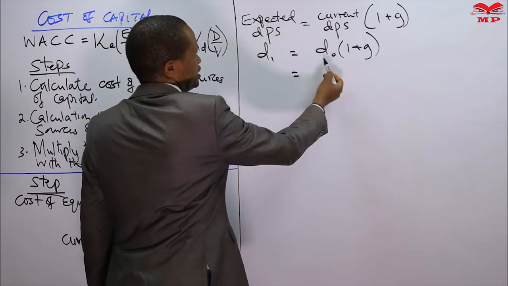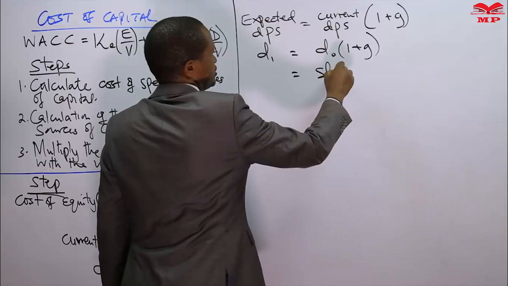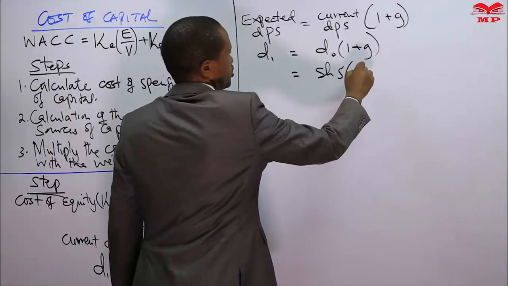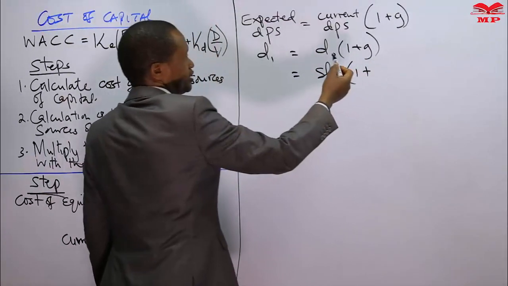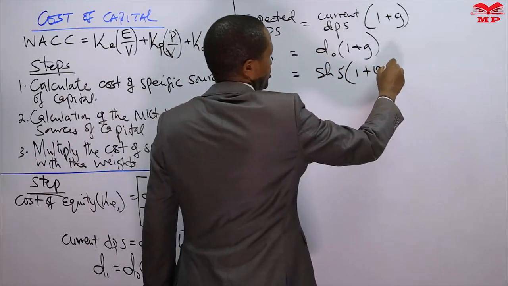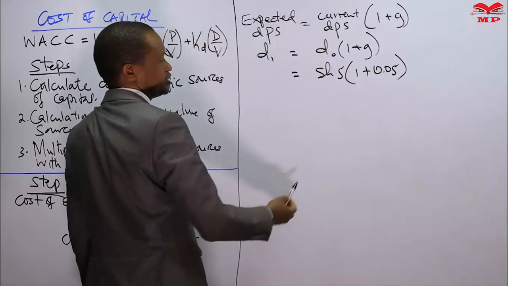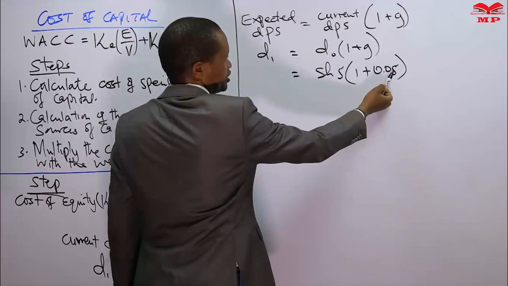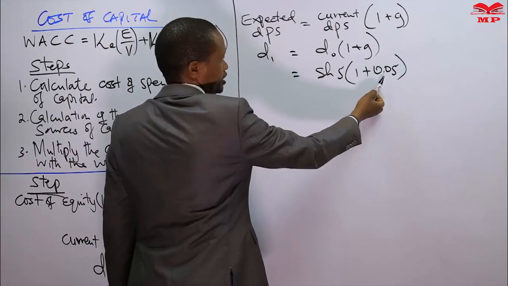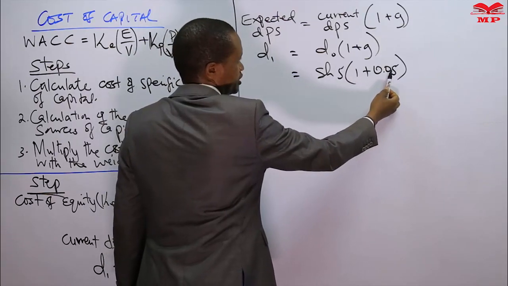So our D naught is 5 shillings into 1 plus G. The growth rate is 5%, which is equivalent to 0.05. Converting 5% into decimal, we have 0.05.